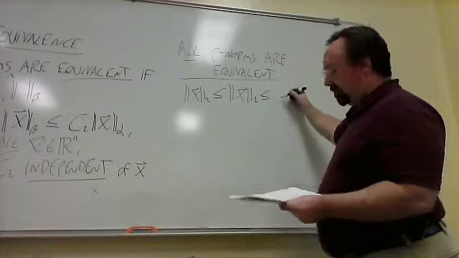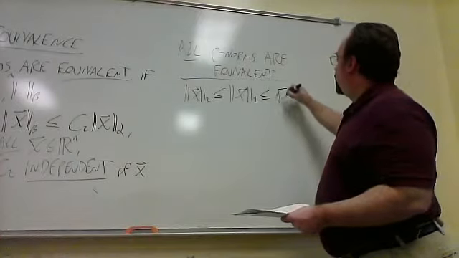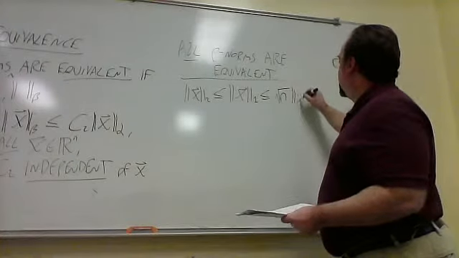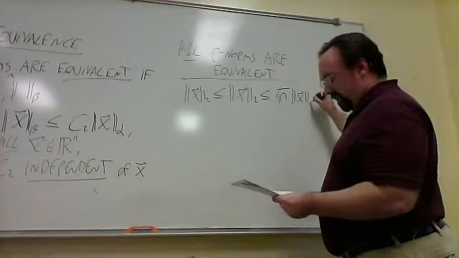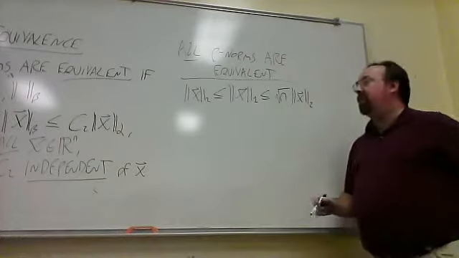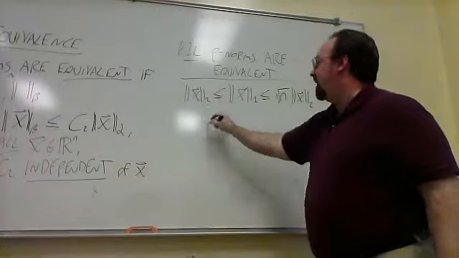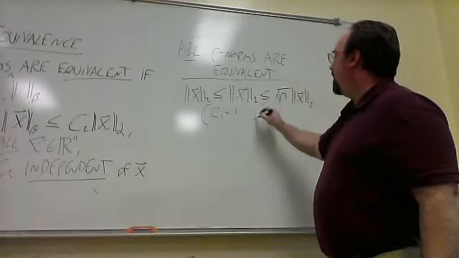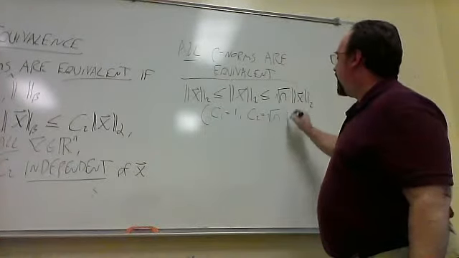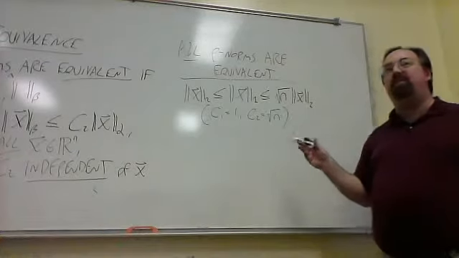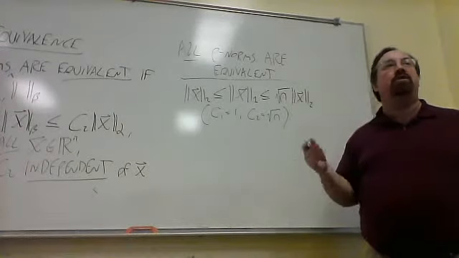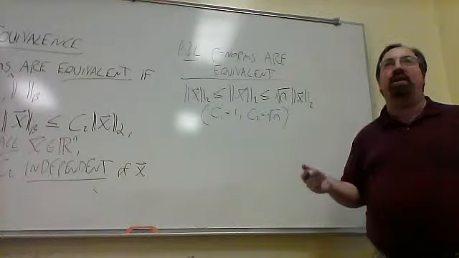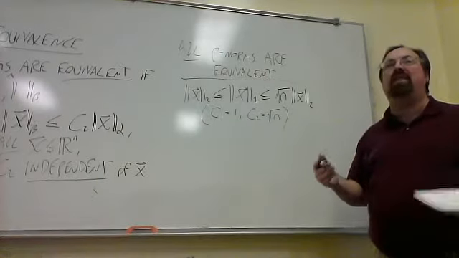And this is less than or equal to square root of n times the two norm of x. So the constants in this case, c1 is equal to 1, c2 is equal to the square root of n. So the constants involved can depend on the dimension of a vector space, n, so for Rn. They just can't depend on x itself.